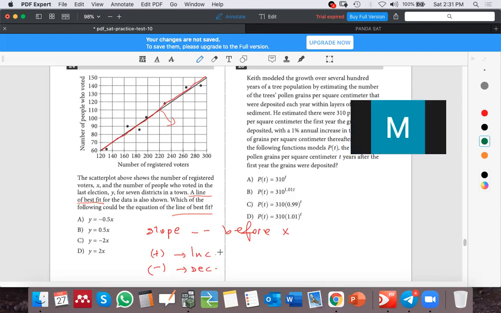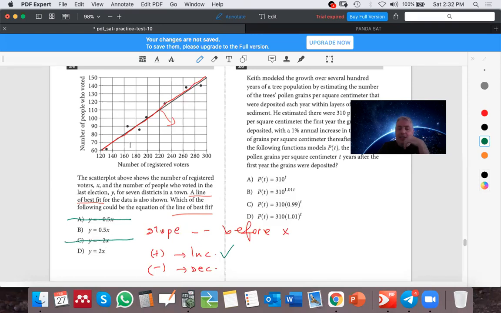If it is increasing, the slope must be positive. Slope is negative, eliminate. Slope is negative, eliminate. And then 0.5x to x, which one? Just take any number. For example, what we are talking about, the equation of the best fit line. For example, what can I say? Can you tell me what I should say? Should I choose B or should I choose D? How can I say?